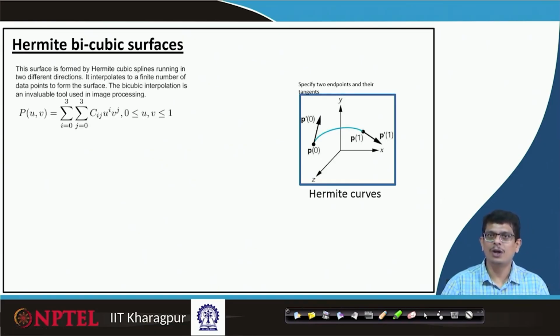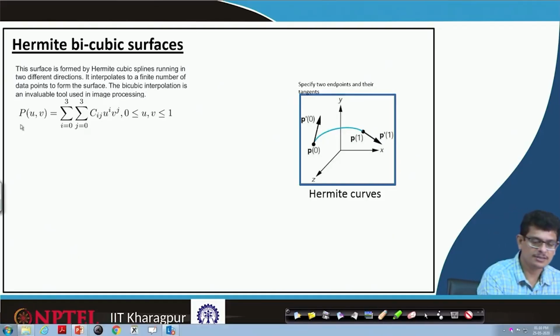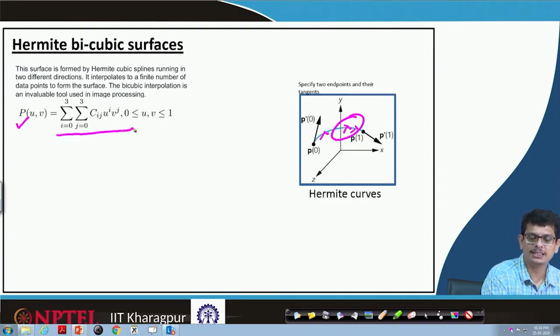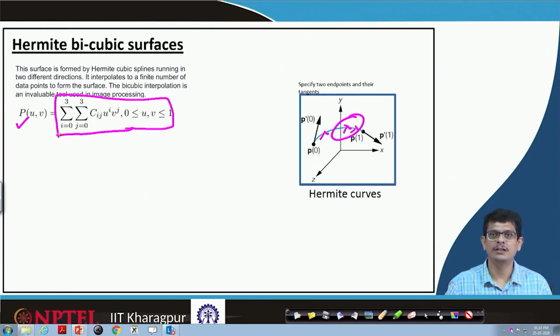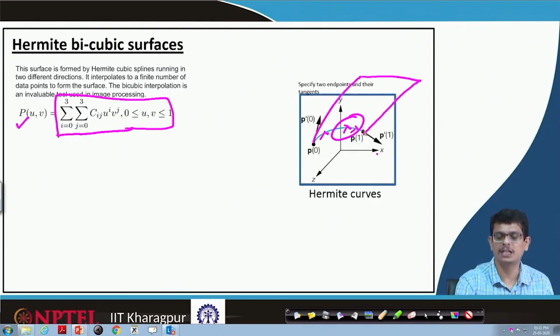They satisfy one particular relation where any point P on that curve is supposed to satisfy this relation. Hermite curve which we are trying to look at even on the surface.